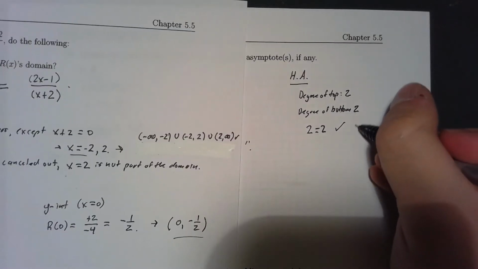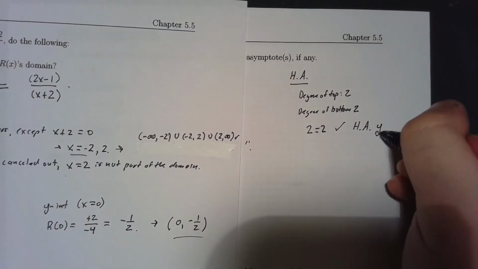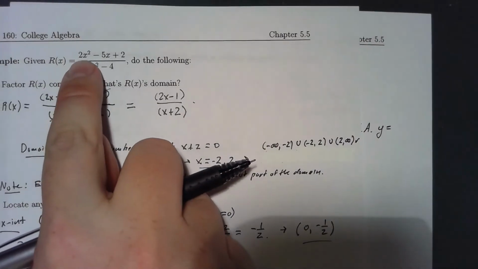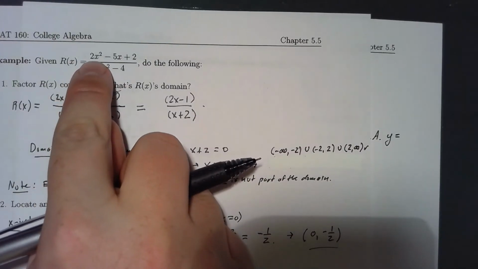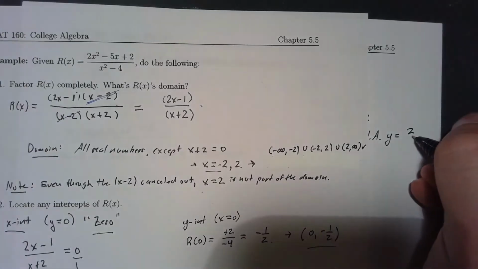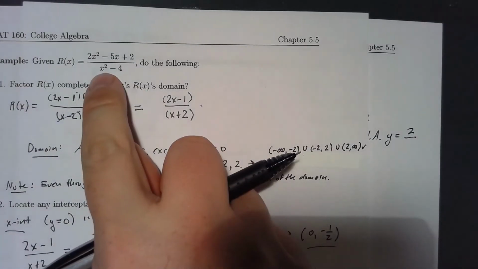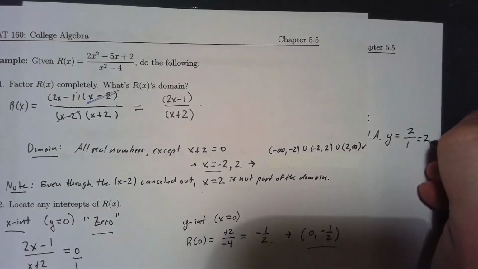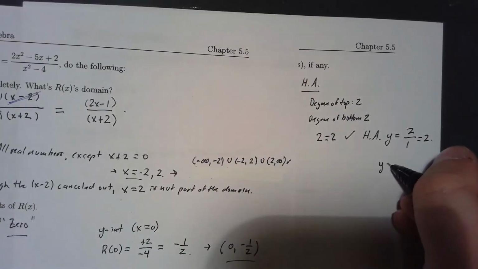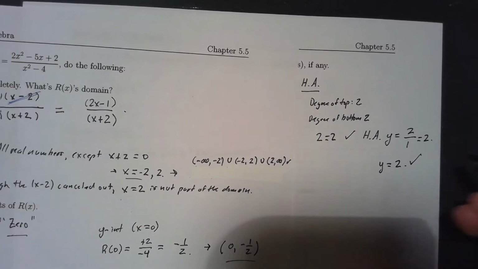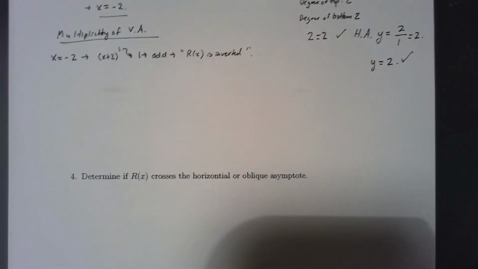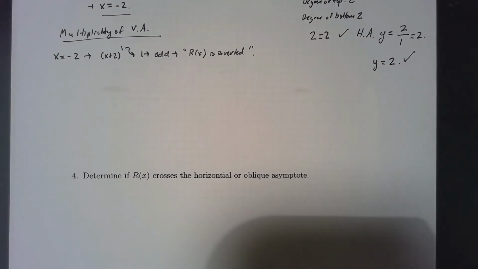That means my horizontal asymptote is the line y equals what? It's the ratio of their leading coefficients. The leading coefficient of the x squared on top is 2, over the leading coefficient of the x squared in the bottom, which is 1. 2 over 1 is just 2. So my horizontal asymptote is the line y equals 2.